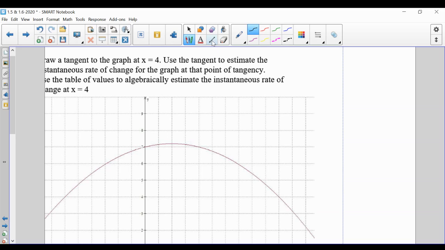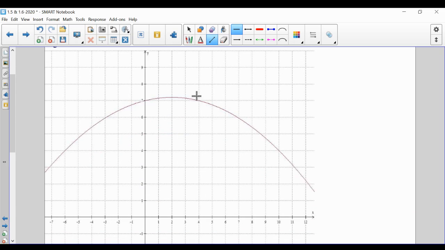I'm going to try to draw a line that is just going to hit, and my goal here is to hit that 4, right? Just the 4, but nowhere else with a line. So I want a line that just touches the edge of the function at 4. I want it to be a tangent line, right? So there's one possibility right there.